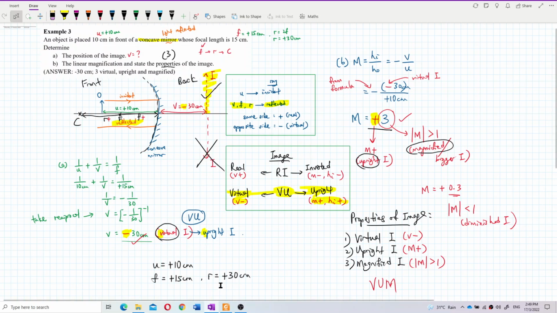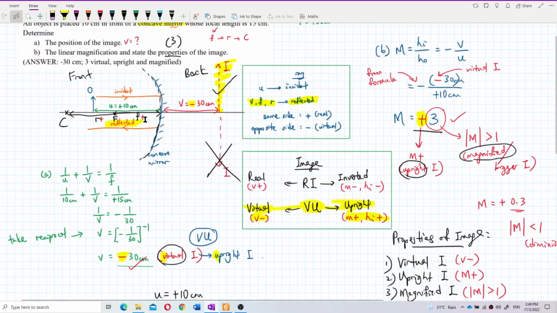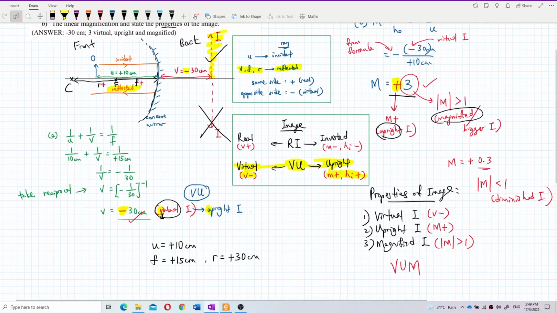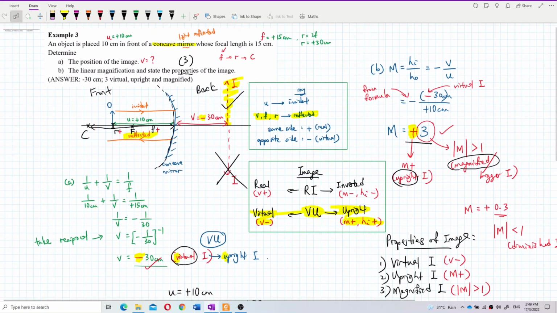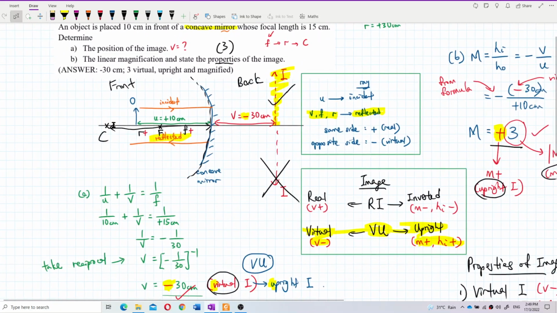So where is the object? Actually, the focal point should be farther than the object, so I drew it wrongly. The focal point should be over here.